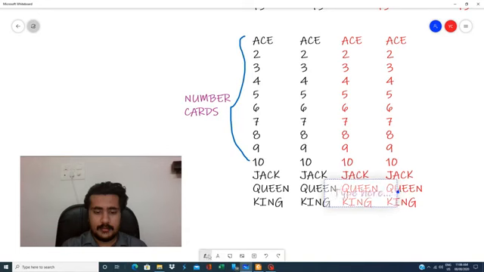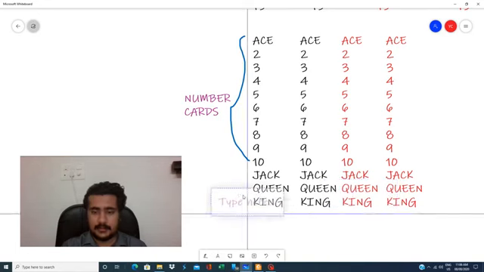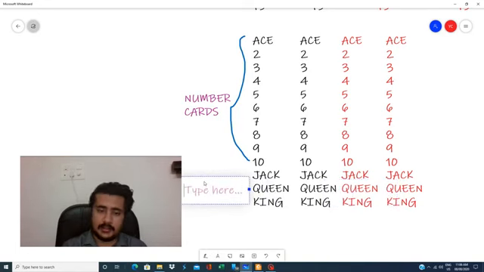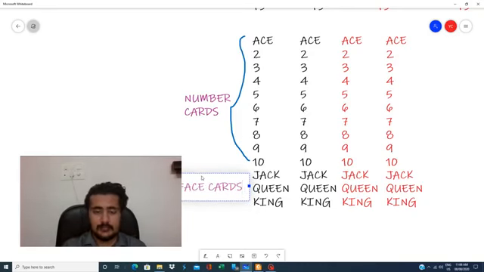And these cards, that is 3, 3, 3, 3, so 12, that is Jack, Queen, King, are known as face cards.